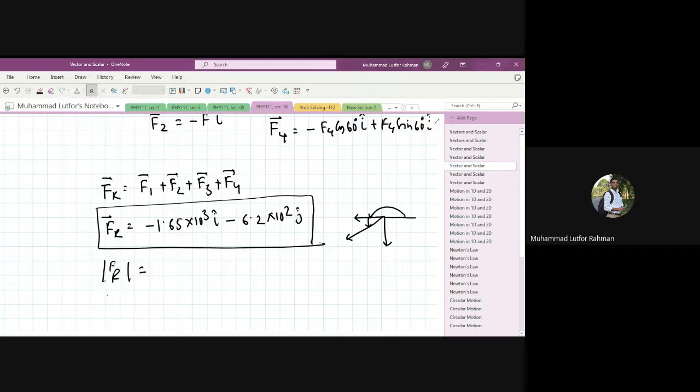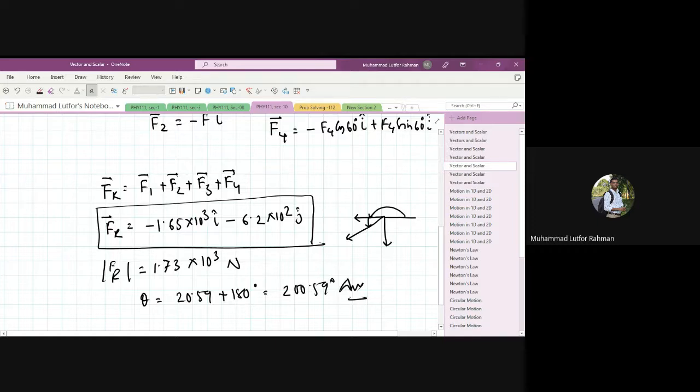Plus 6.21 into 10 to the 2 square, which is going to be 1.73 into 10 to the 3 Newton, and the angle would be basically 20.59 plus 180 degree. It means 200.59 degree. That should be the answer of this one. That's why the resultant vector will be in the third quadrant. So that's how actually you can find out the magnitude and the direction using that vector component.